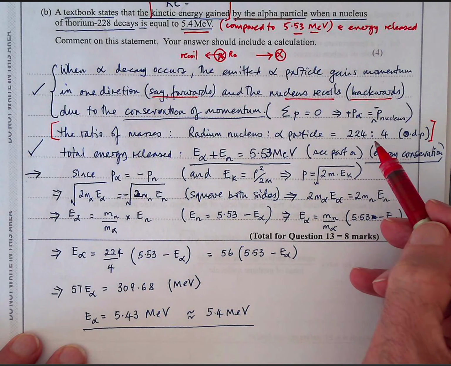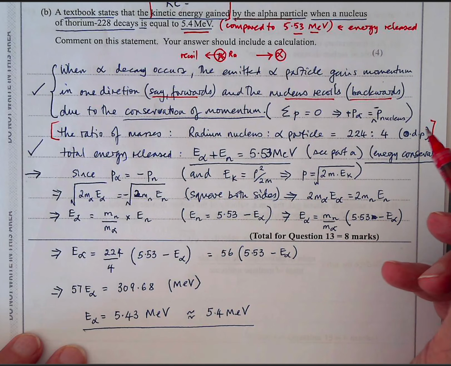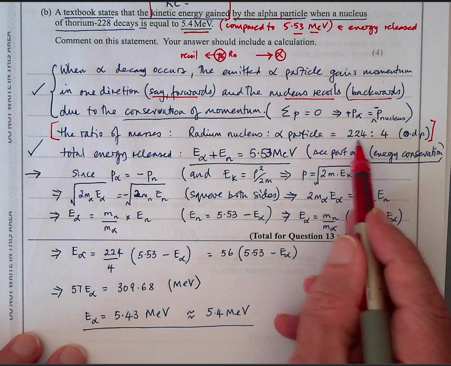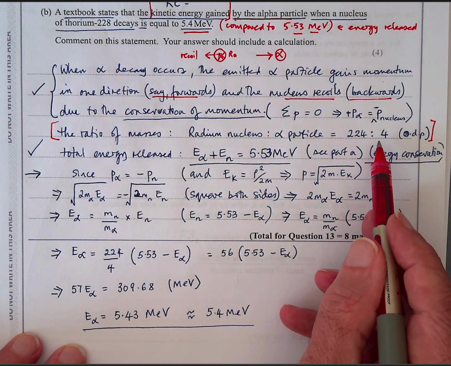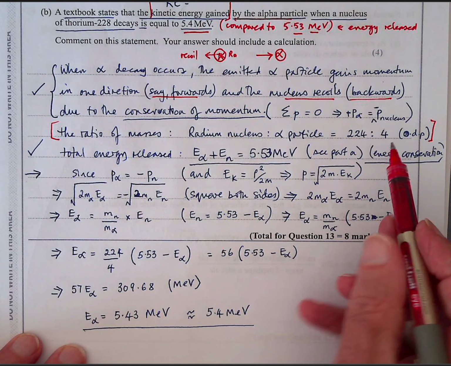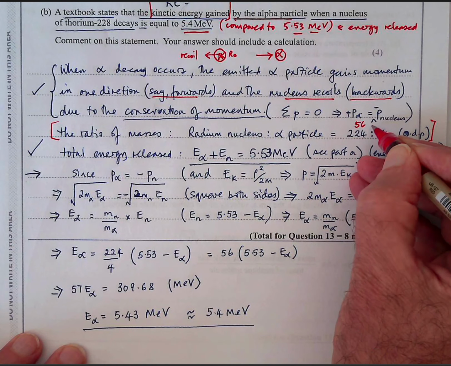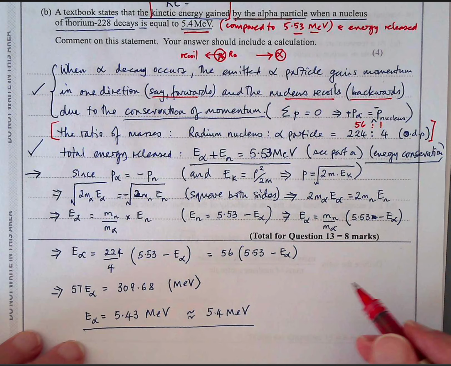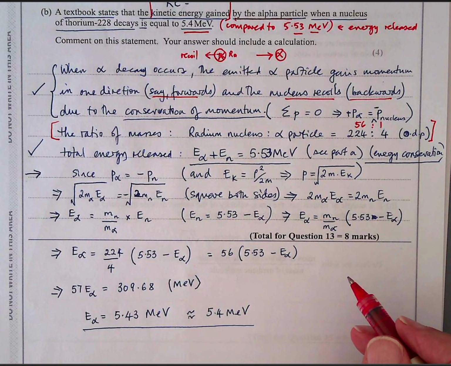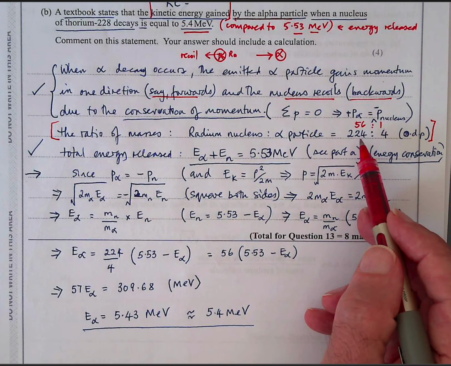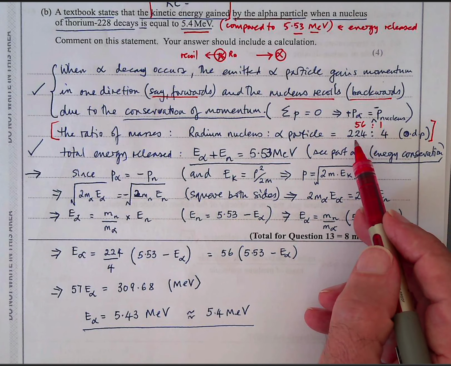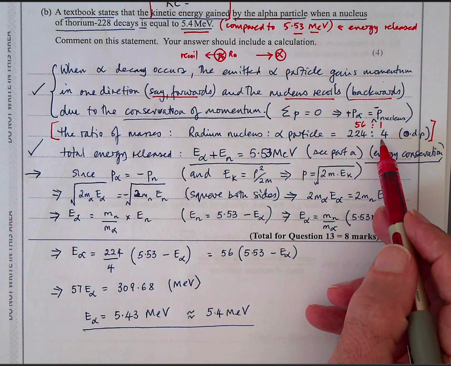We're not going into the 5 decimal places we used before for E equals mc squared, because it's not going to be significantly different to 224 to 4, which is a ratio of 56 to 1. So the radium is 56 times more massive than the alpha particle.